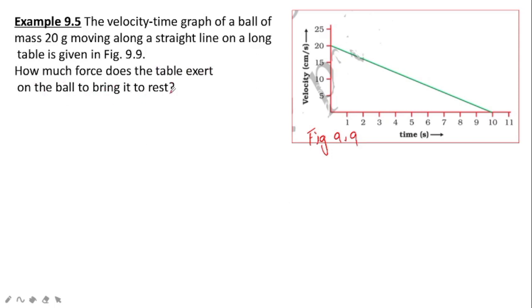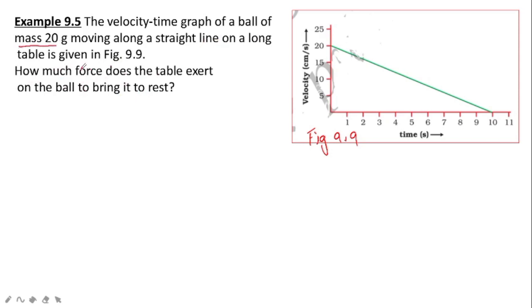Now while solving, as usual we have to find the data, but here we have only one data, that is mass 20 gram. So look at the question. The velocity time graph of a ball of mass 20 gram moving along a straight line on a long table is given. How much force does the table exert on the ball to bring it to rest?